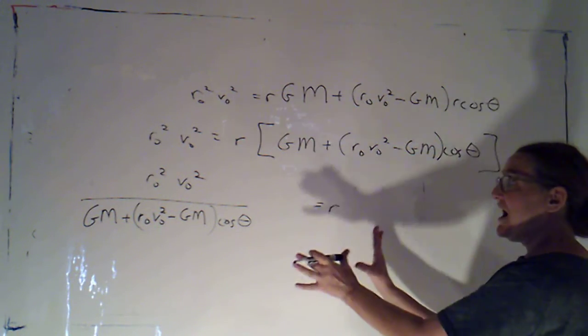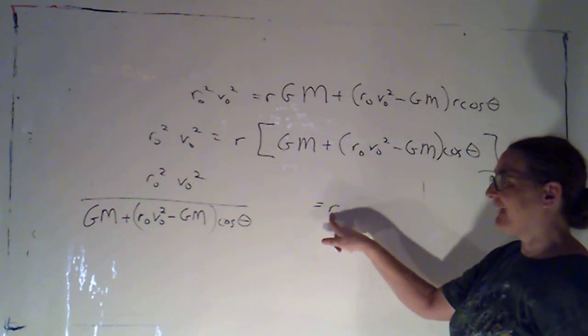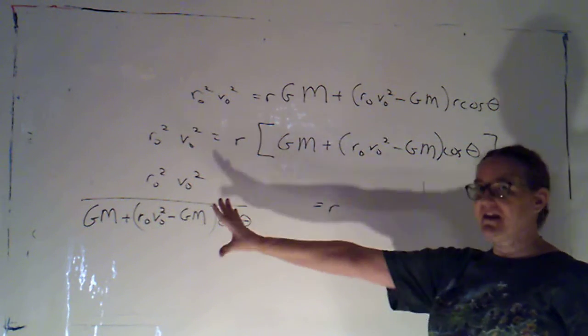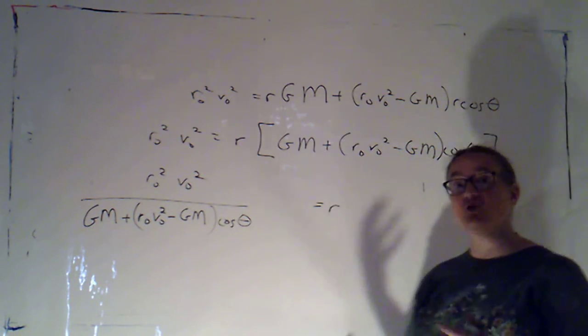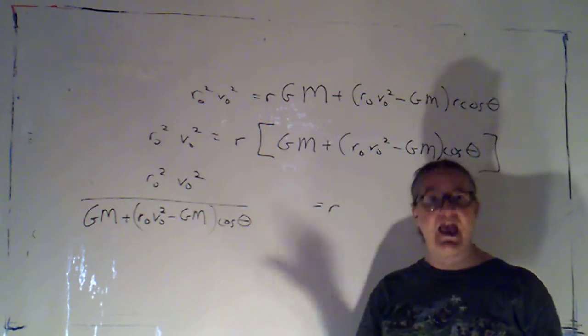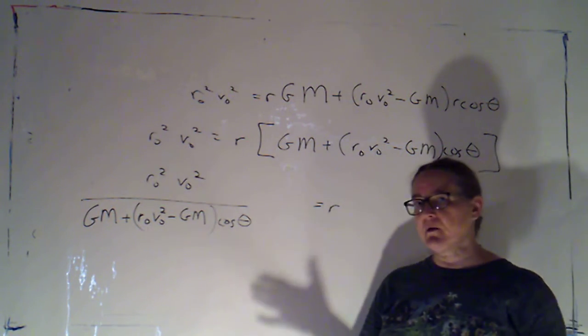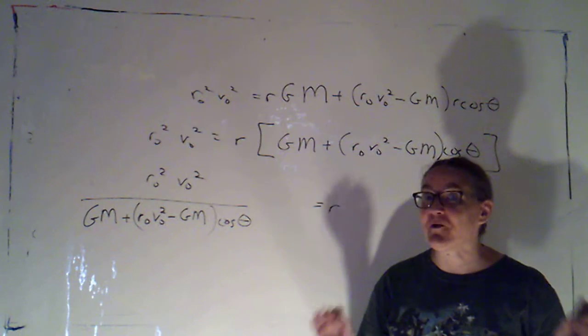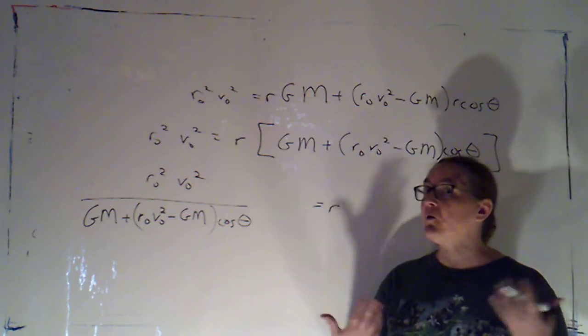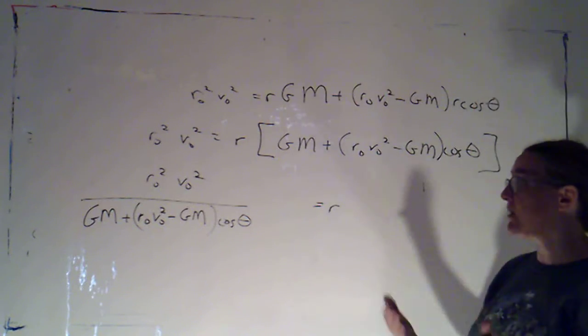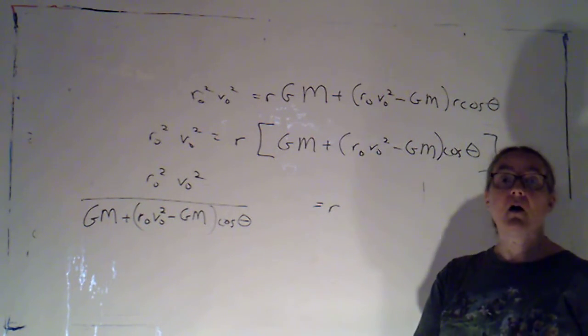Now, that does successfully solve for r as a function of theta. Everything else on the right is a constant. So that gives me a description in polar coordinates of the path that I take. What we want to show is that this is actually going to be a conic section, so that it's an ellipse or a parabola or a hyperbola, depending on what the initial conditions are.